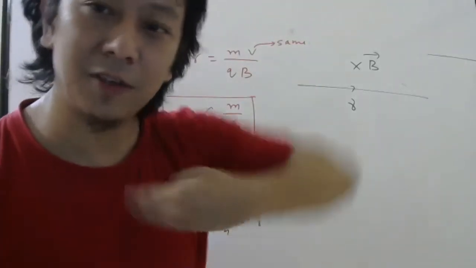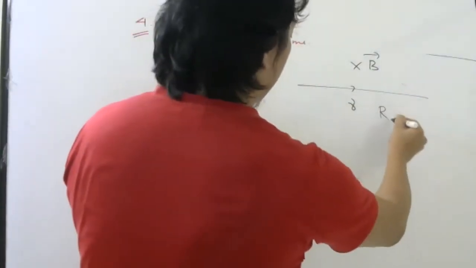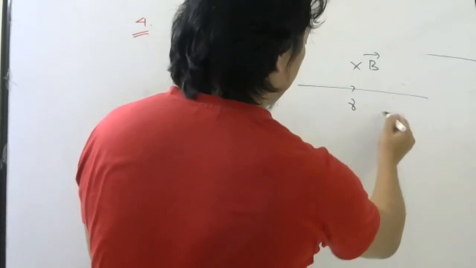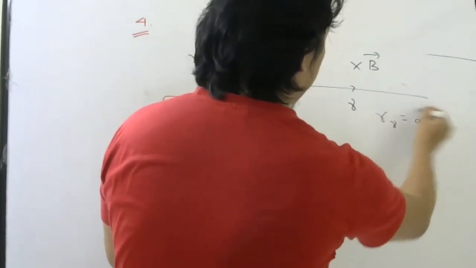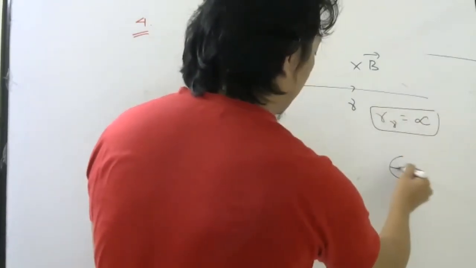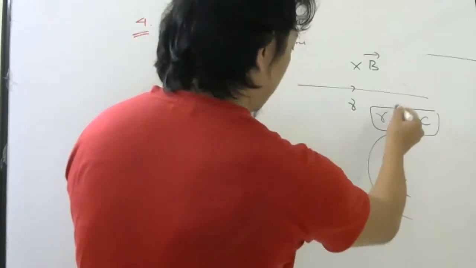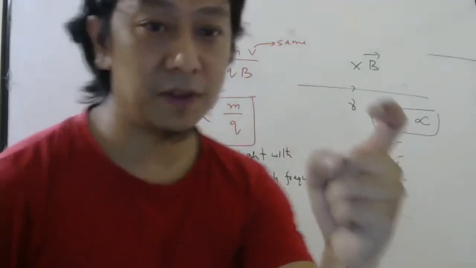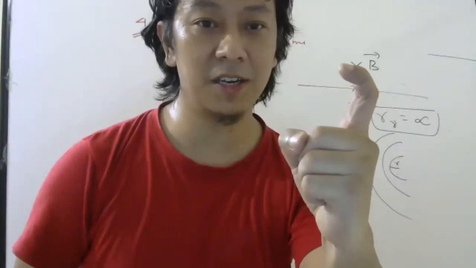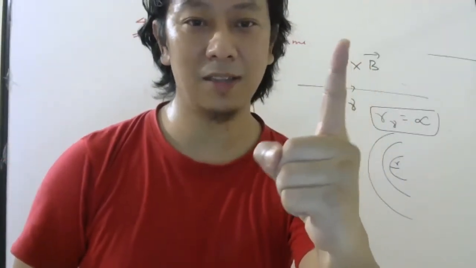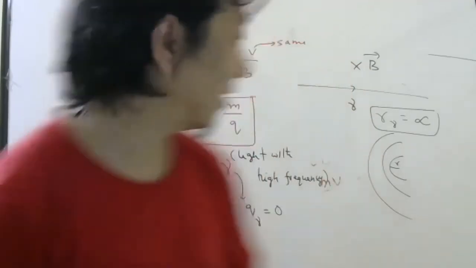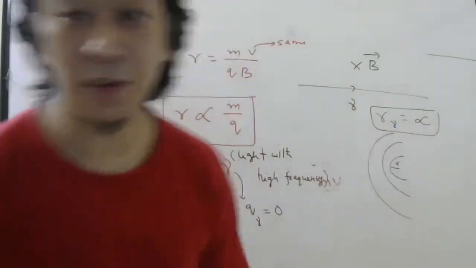No magnetic force, so it will continue straight. So gamma's radius will be infinity. This has small radius, this has bigger radius, this has bigger radius. If I move my fingers from here to here, radius is increasing. When I do like this, radius becomes infinity. So for gamma, radius is infinity.